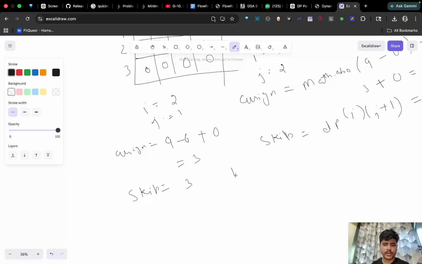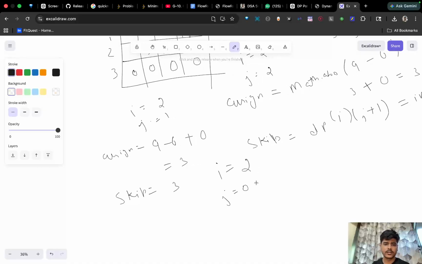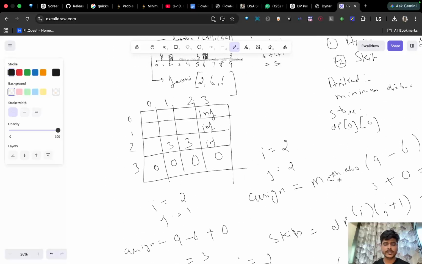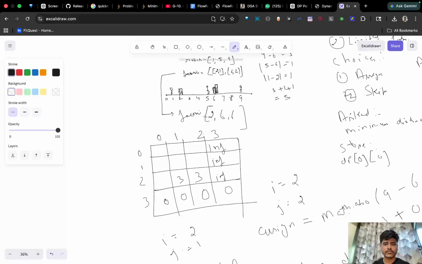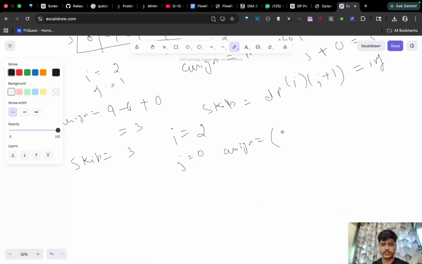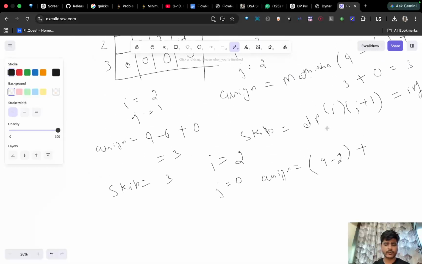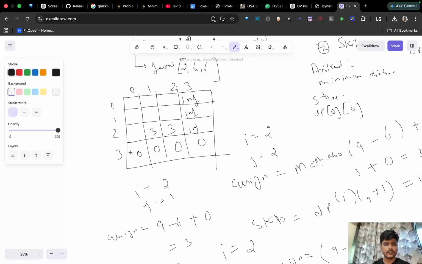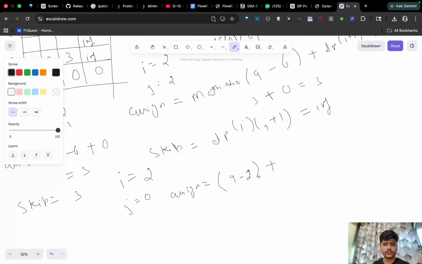Next case, for i equal to 2, j equal to 0, either I can assign my second robot to the 0th factory. In that case, the answer is going to be the position of the second robot 9, and the position of the first factory 2, 9 minus 2, plus the answer traveling from the future for i plus 1 and j plus 1, that is 3 and 1. For 3 and 1, the answer was 0.